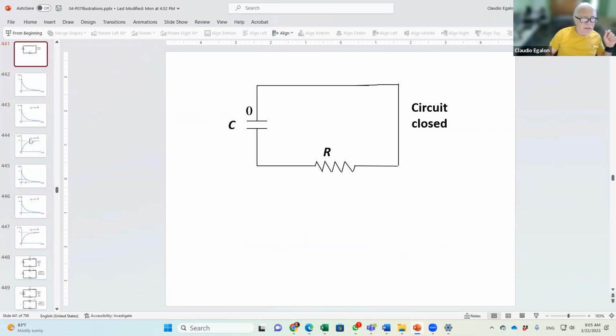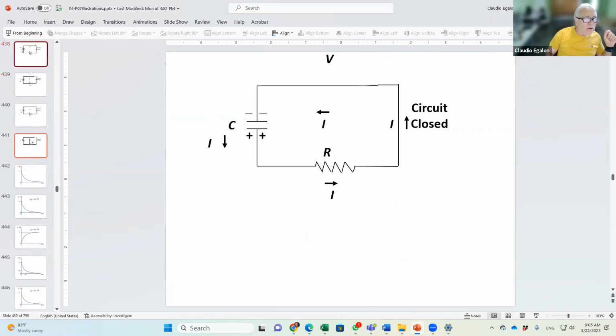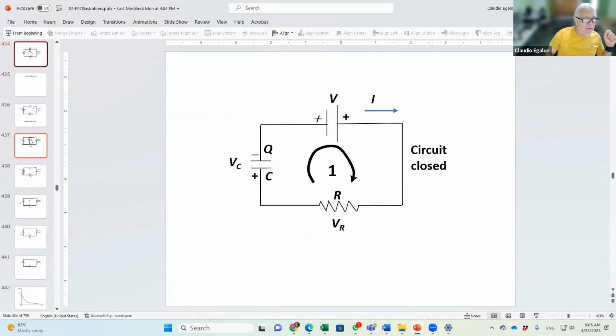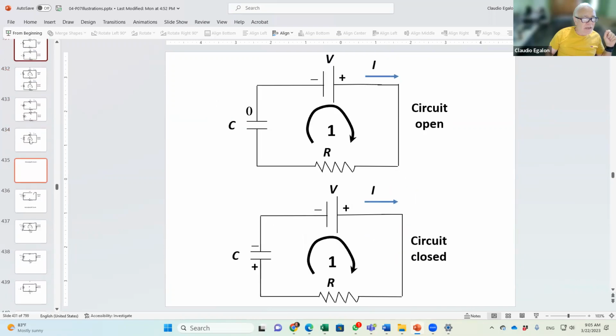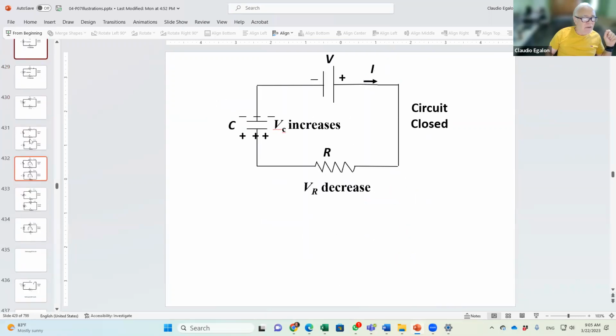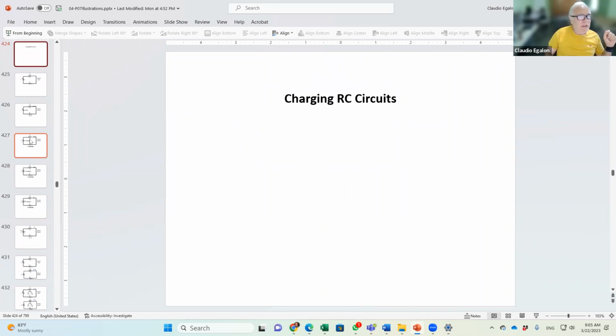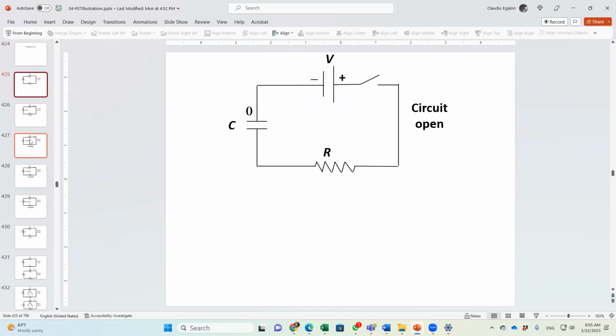Here is the discharging case. There's no battery in there, and then there's this other illustration in which you are charging the capacitor, and the battery is in there. See that? That's the charging one. Do we have access to this? Well, you have access to the video. Charging RC.